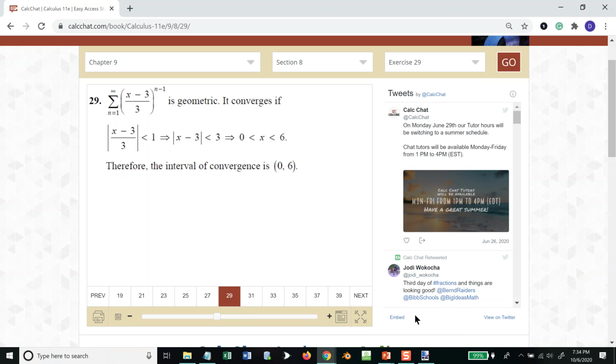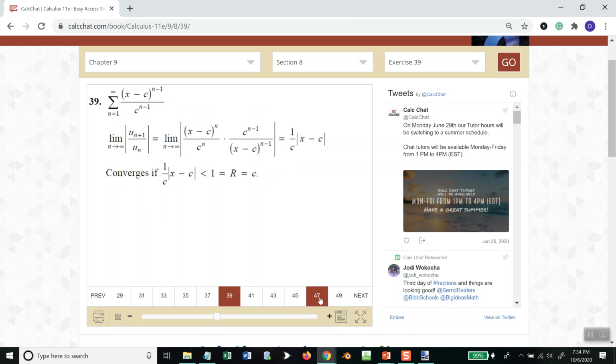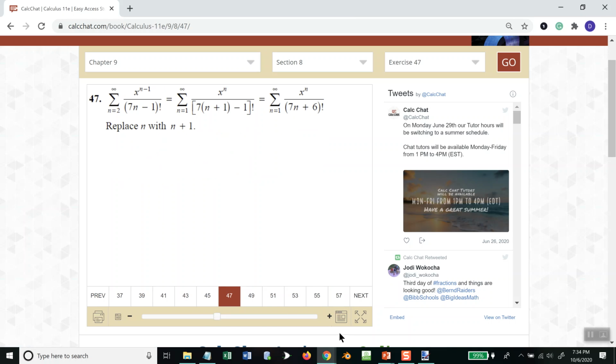Number 47. See if I did it the hard way. I never did look at this. Well, that's too easy. Just replace n with n plus 1. I like my method better.